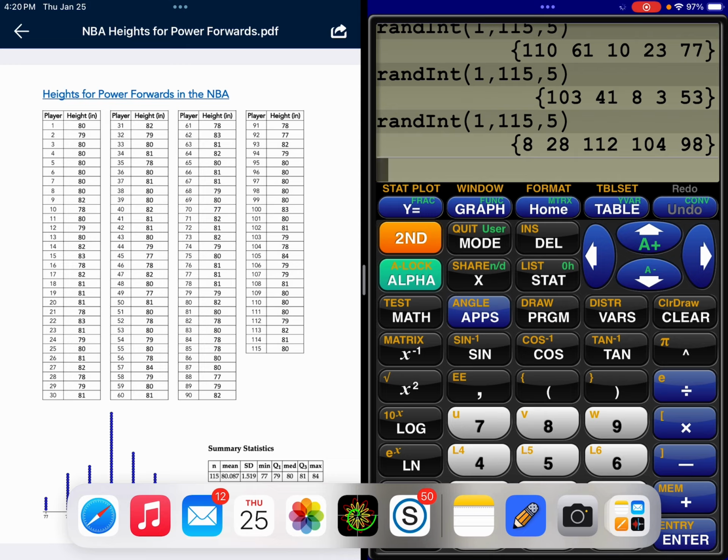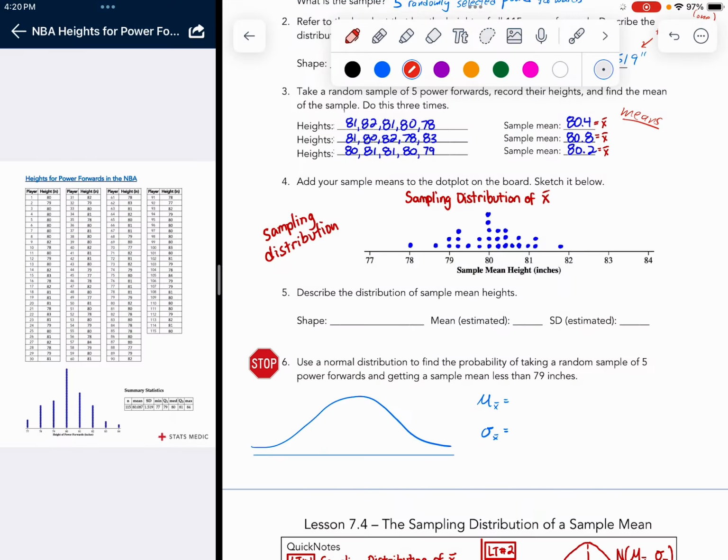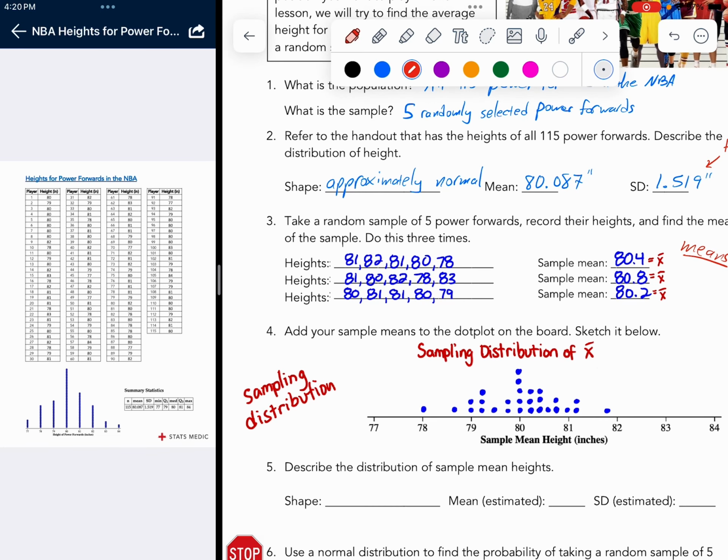Because that means I am satisfying the independence rule. It's not asking for that in the notes, but I'll make a little note. 5 is less than 10% of the population, which means independence is met.